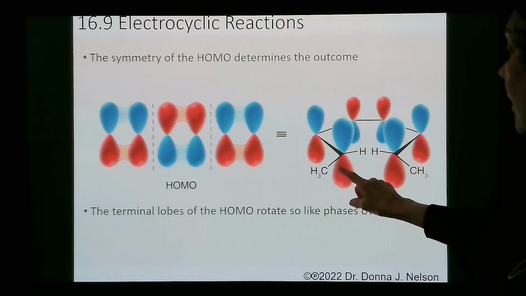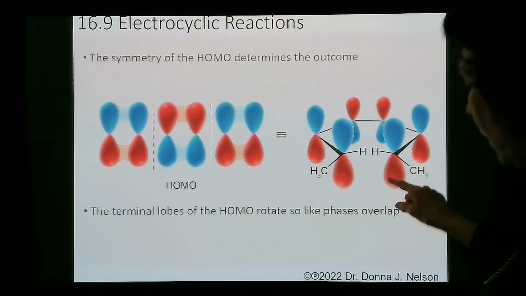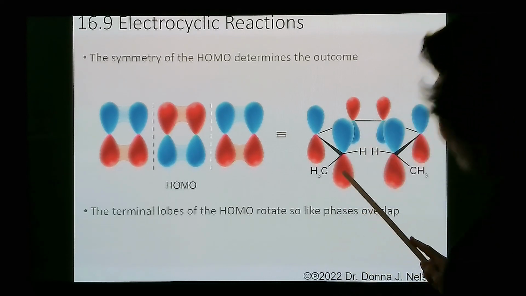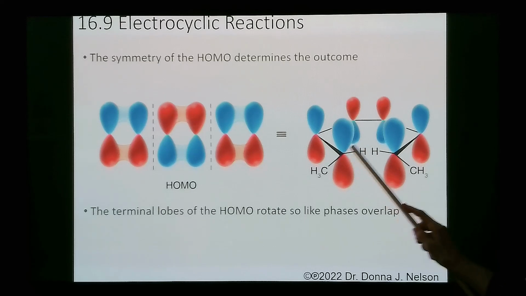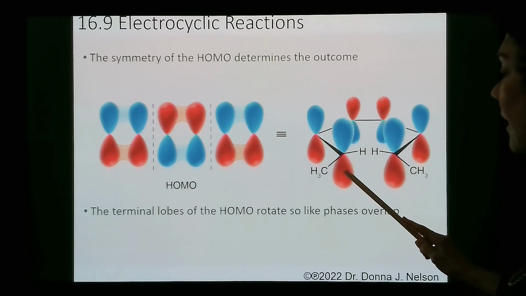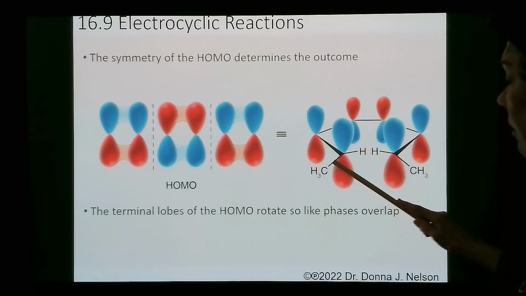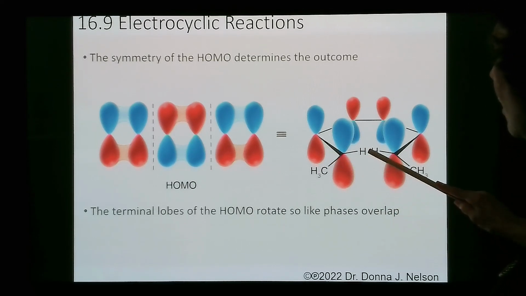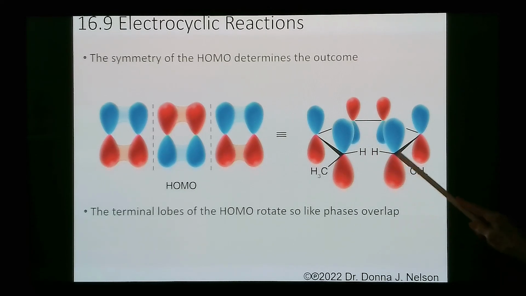So when this one rotates, let's say that you're going to have overlap between the 2 red lobes of these 2 p orbitals. So this one will rotate up. So this is going to be counterclockwise, and this one will rotate up. So this will be clockwise. And so these are rotating in opposite directions.